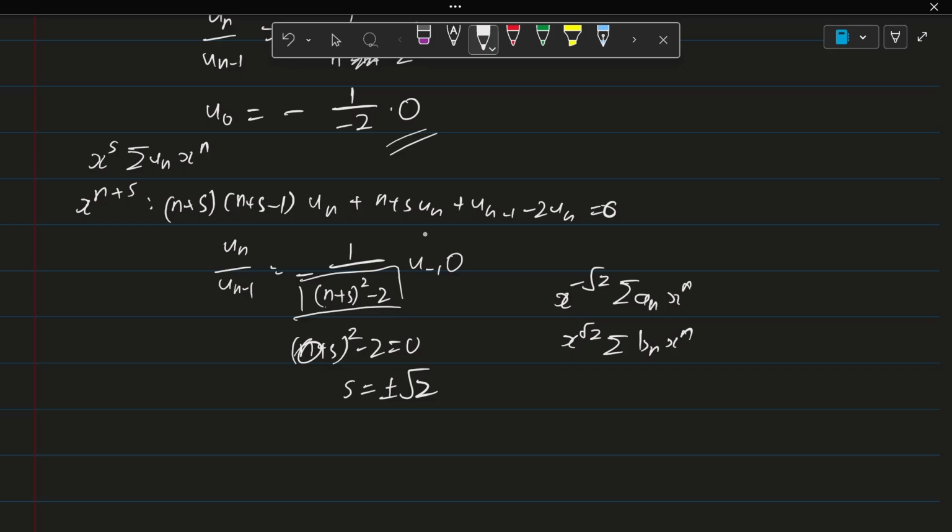In here, what I've shown is something you call the initial equation, and this is the one that refers to the ratio. This initial equation tells you where the power starts.